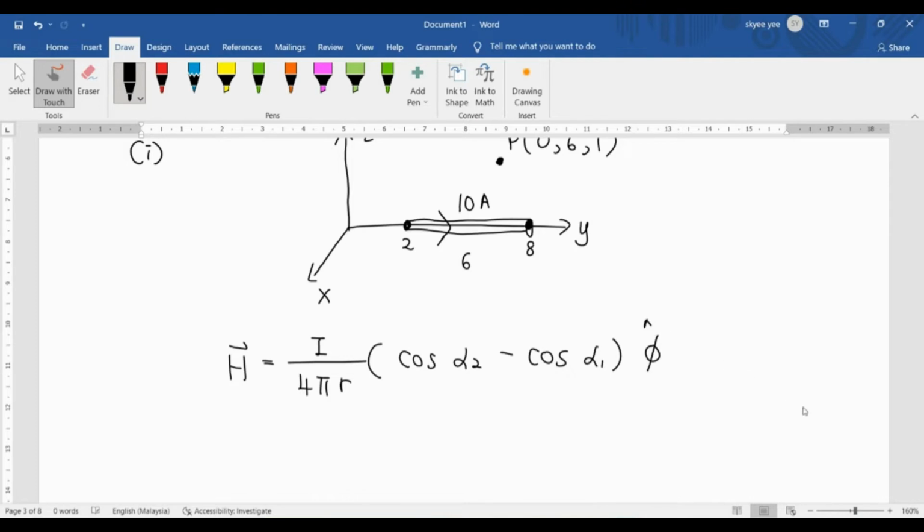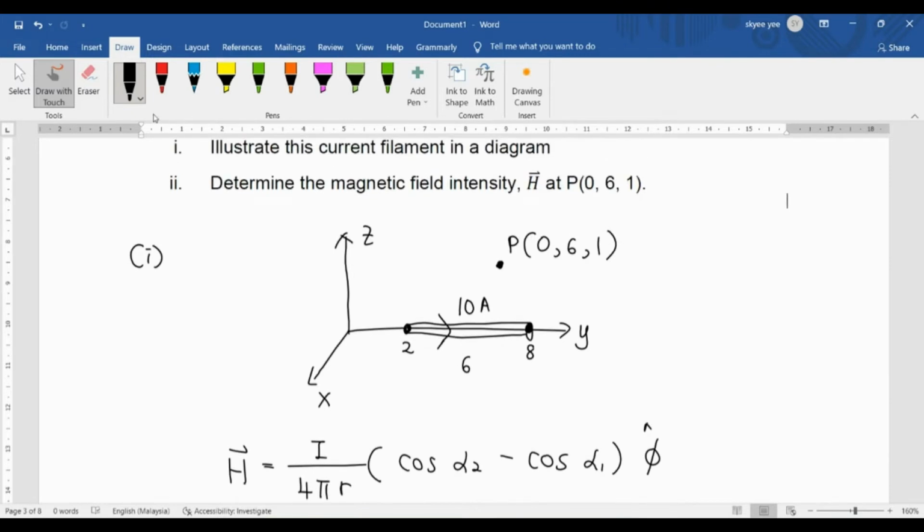We'll settle the terms one by one. I has been given as 10 ampere, and 4 pi, no problem. Now is the r. How to find r? The point is along the axis of the current filament. The line that joins P and the point T will form a 90 degree angle.